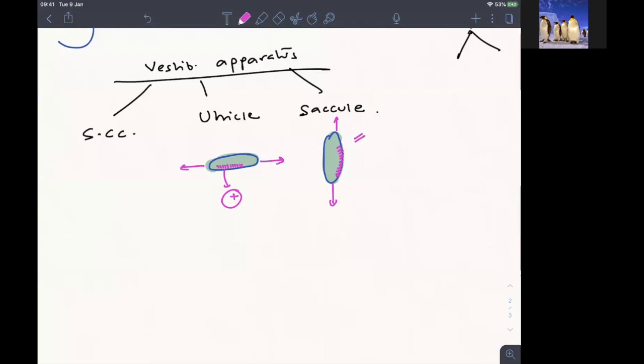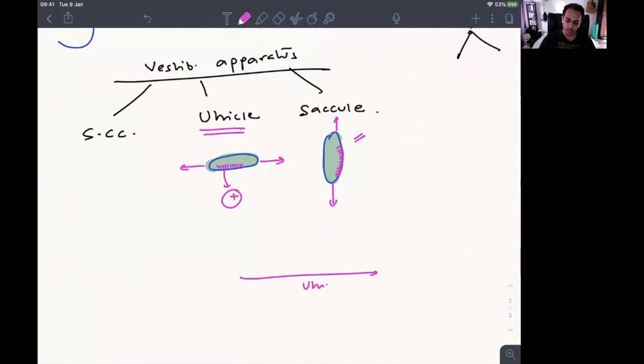And if you're in a car and the car goes from 0 to 60 kilometers an hour in 4 seconds, that sensation of being pushed back will be given to you by the utricle. So if you think about it in terms of axis, your anteroposterior axis is utricle, and your vertical axis is saccule. So these are the two main directions that our brain now has an idea about.